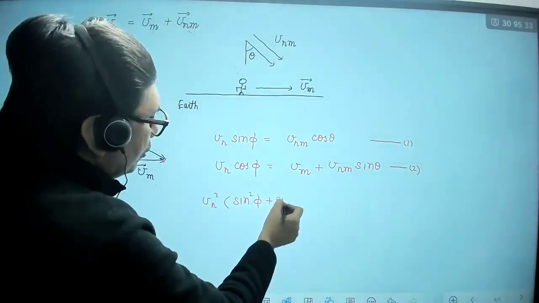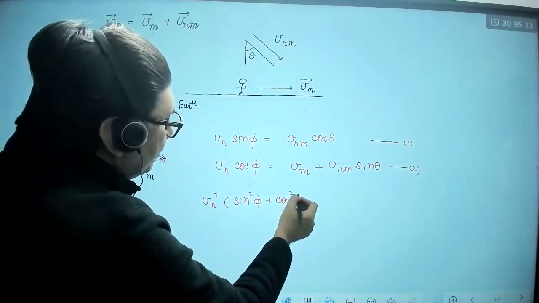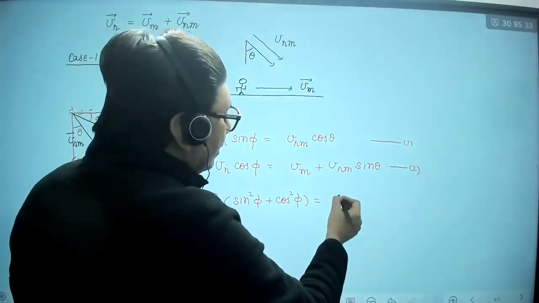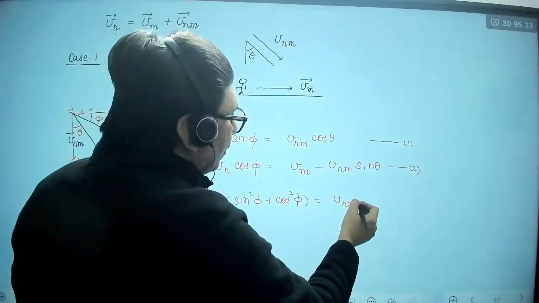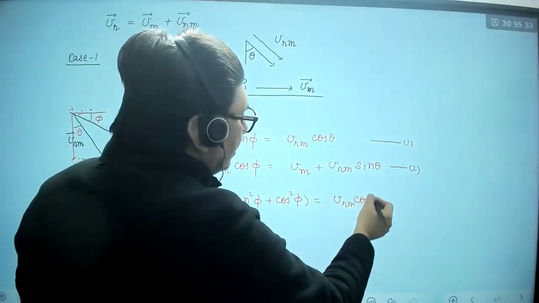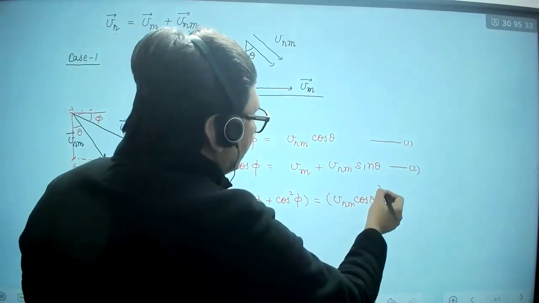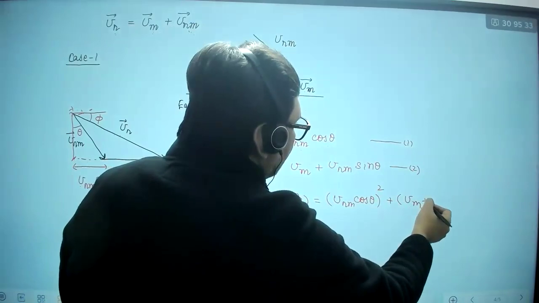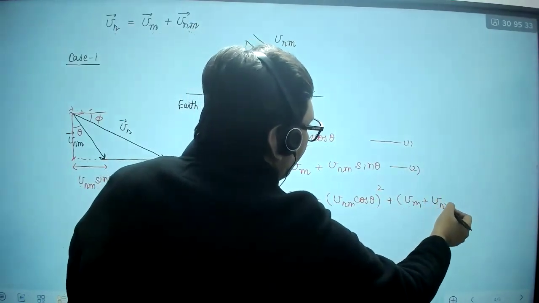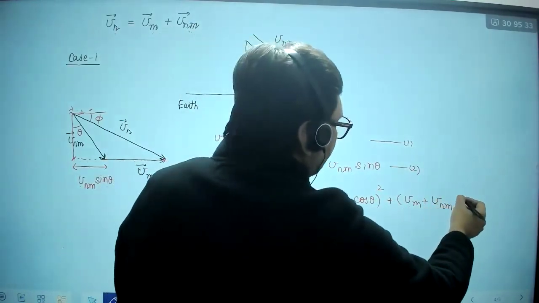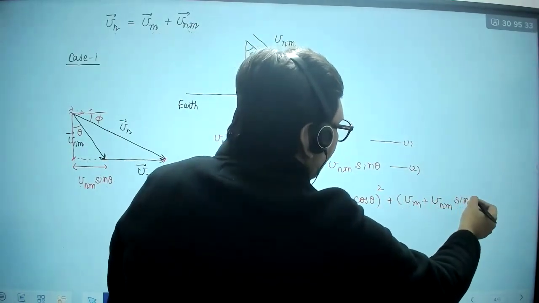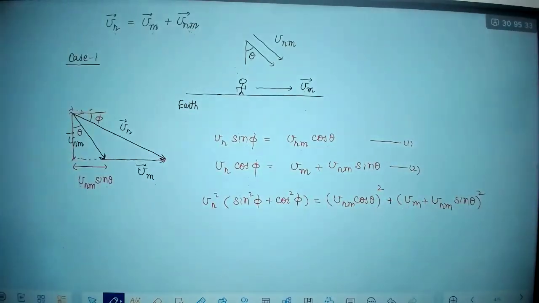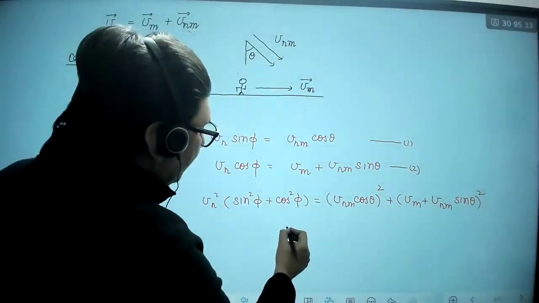And on the other side, this will be VRM cos theta, whole square, plus VM plus VRM sine theta, and whole square of this. So sine square phi plus cos square phi will be 1. So this will be VR square.